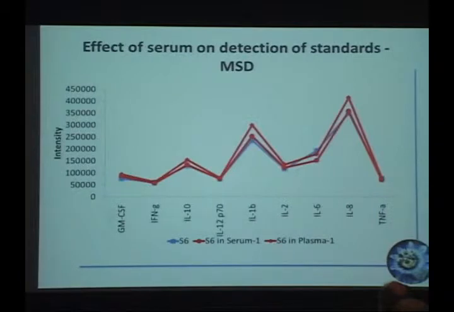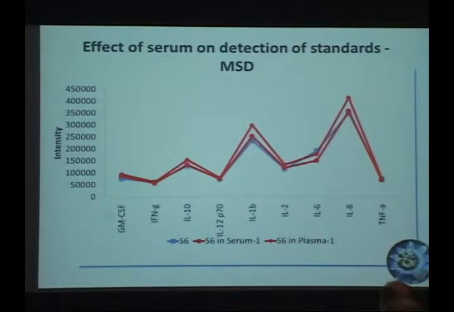The interesting part is that for the mesoscale platform, this effect is not seen. One thing to remember is that the mesoscale has each of the capture antibodies attached separately, physically located in different locations in the plate.